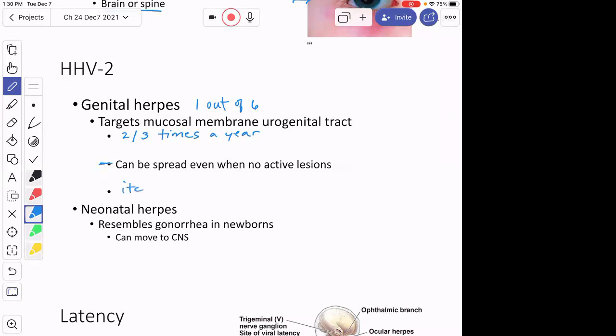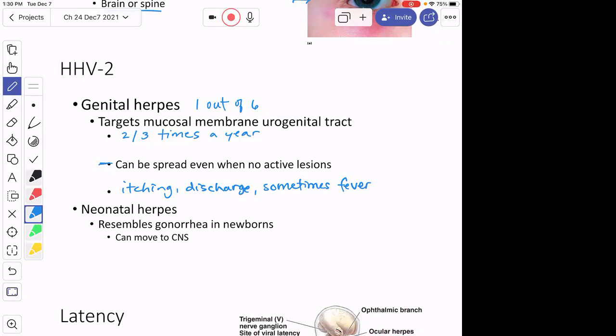It causes itching, sometimes some discharge, sometimes fever. So there are sores that, again, are itchy, with a little discharge coming from them.